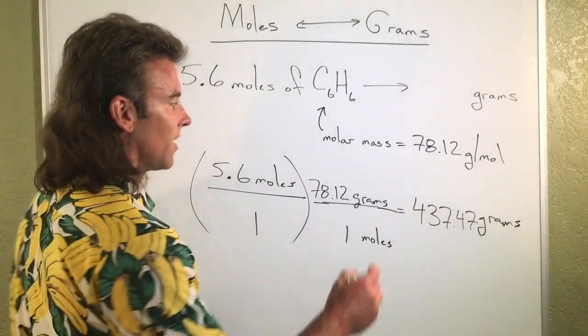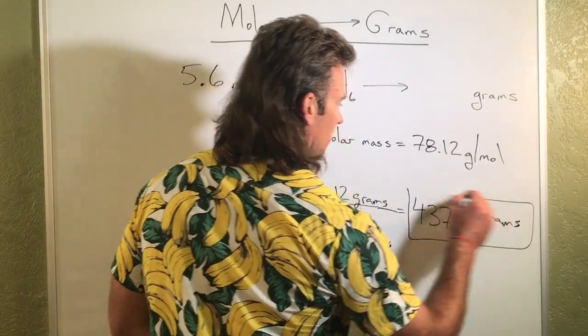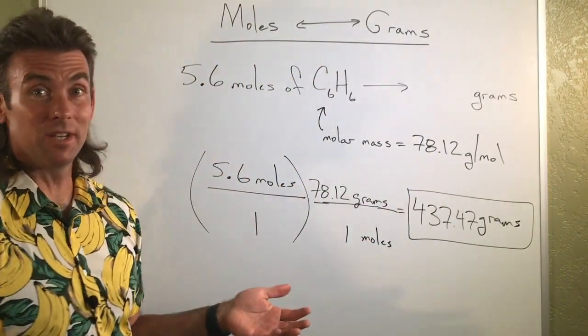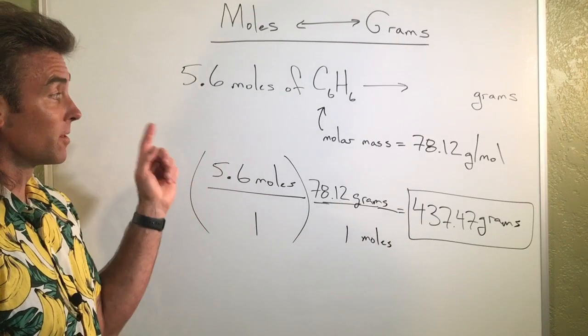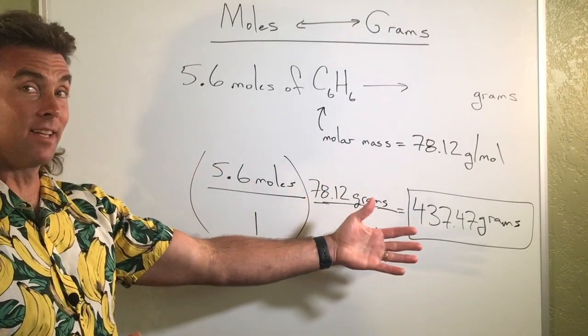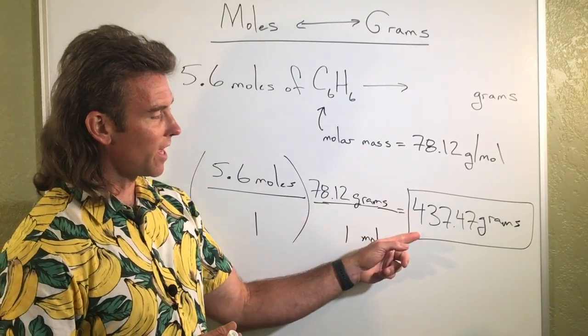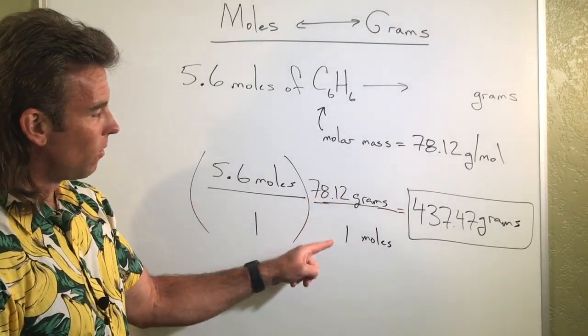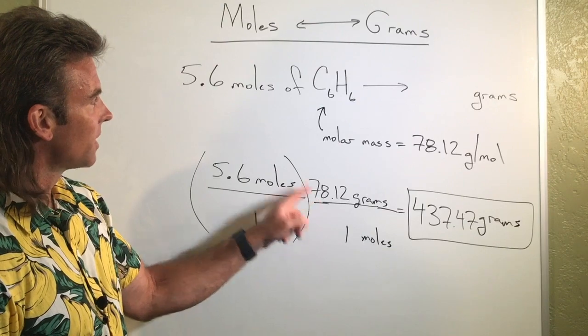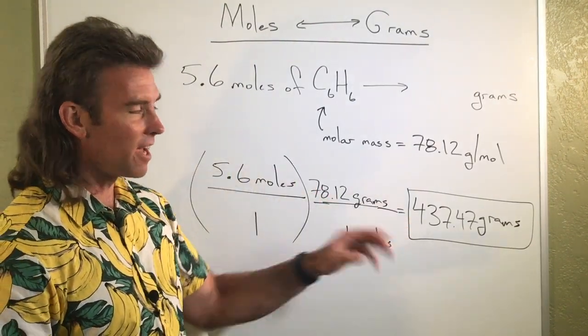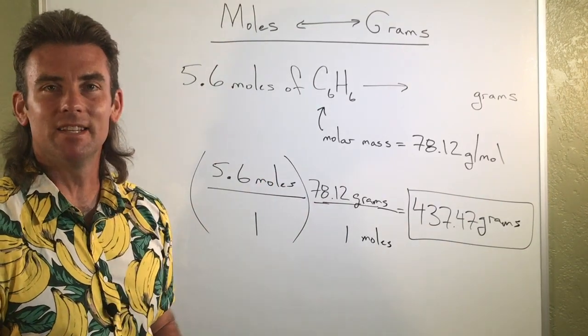So what this is telling us hopefully makes sense. You'll notice that it's similar to what we just did in taking grams to moles. It's just that now you're multiplying instead of dividing. You still want to look at that number and say, okay, well, I know 1 mole was 78 grams. I actually need a whole bunch of moles of this thing. So does that jive? Give or take, I think it does.